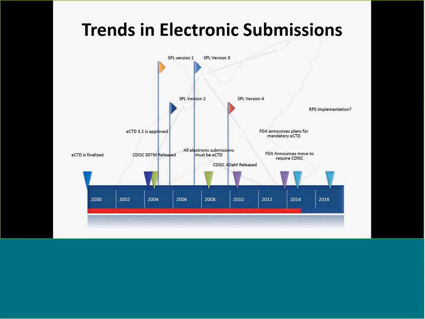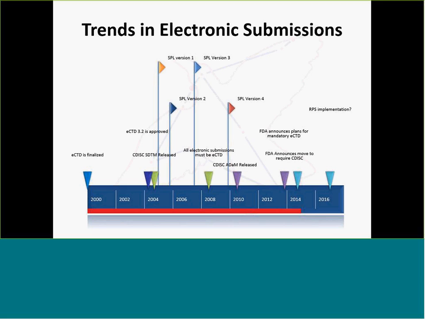So what is happening with electronic submissions? It began in 2000 with the eCTD standard being finalized by ICH. It had been in development for some time, but was accepted as the final standard in 2000.